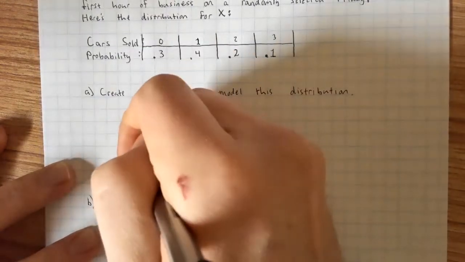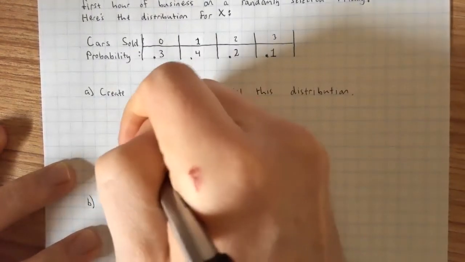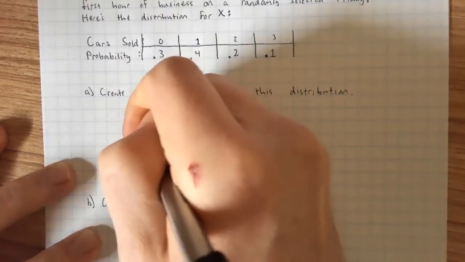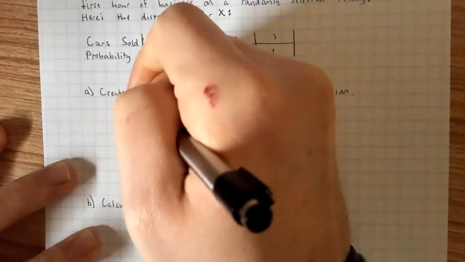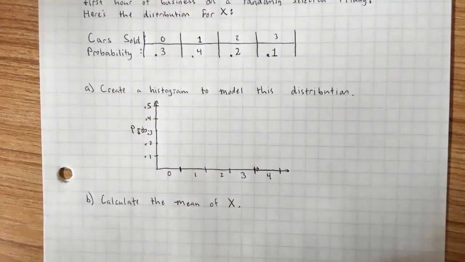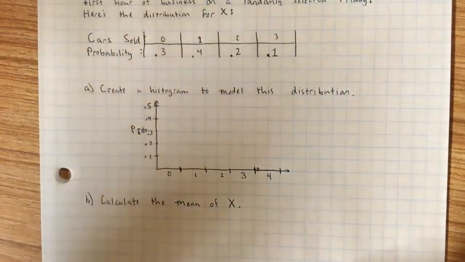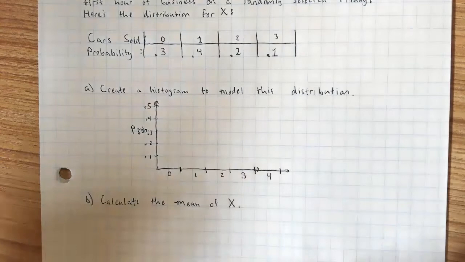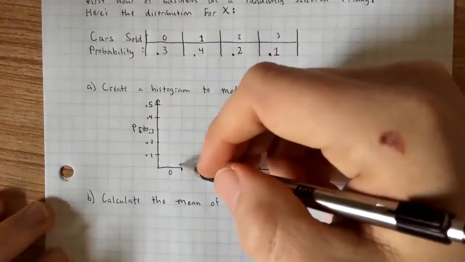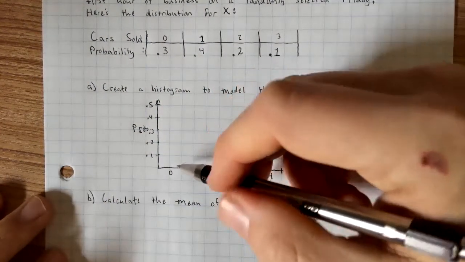So put 0.1 there, 0.2 here, 0.3, 0.4, and 0.5. Okay, so if you remember with the histogram, all the bars touch, and typically they encompass intervals of data, but this is easy enough just to separate.